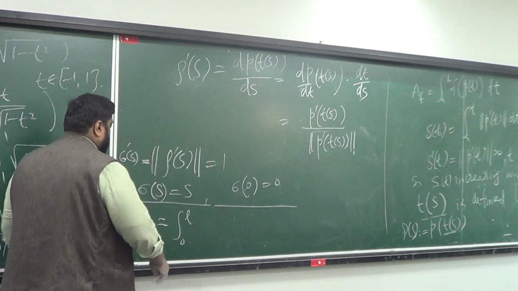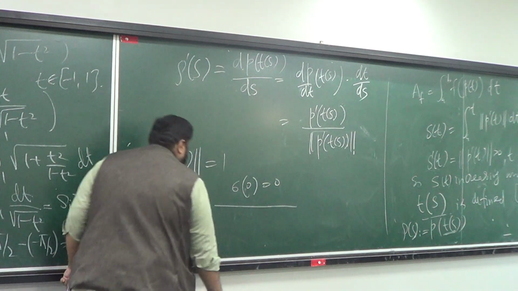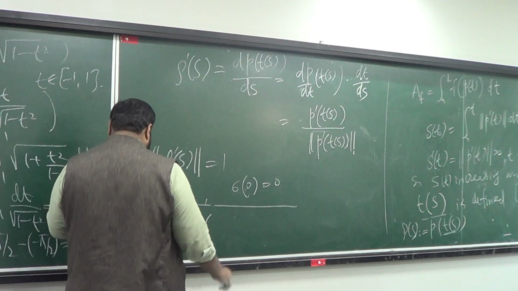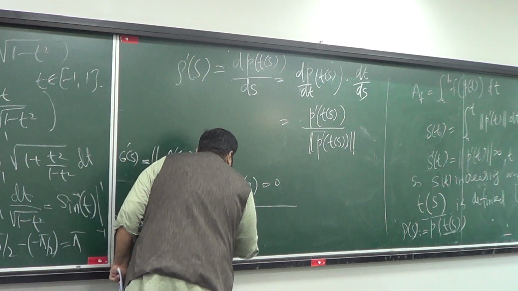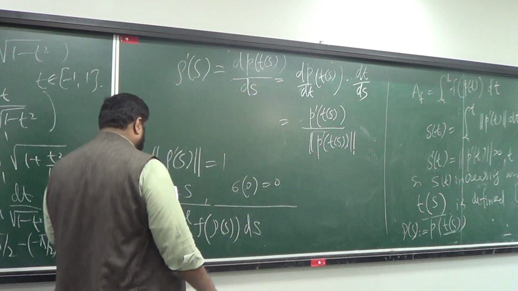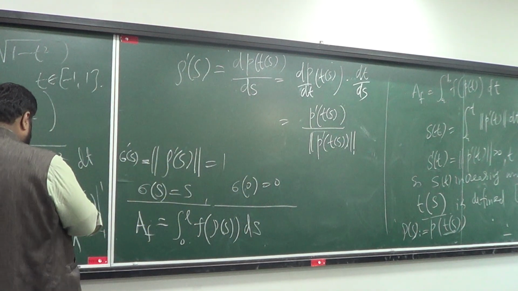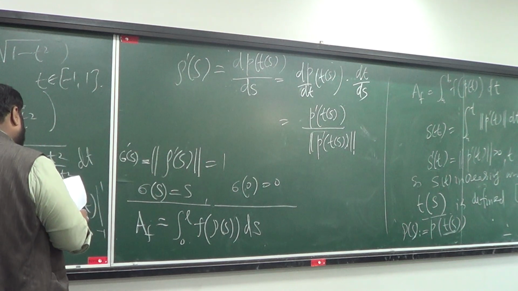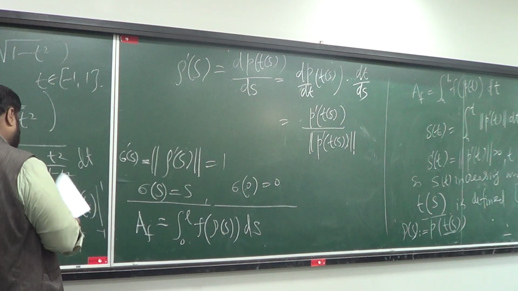Okay? So treat this as f of rho of s, and ds. Okay. So how did I get this?